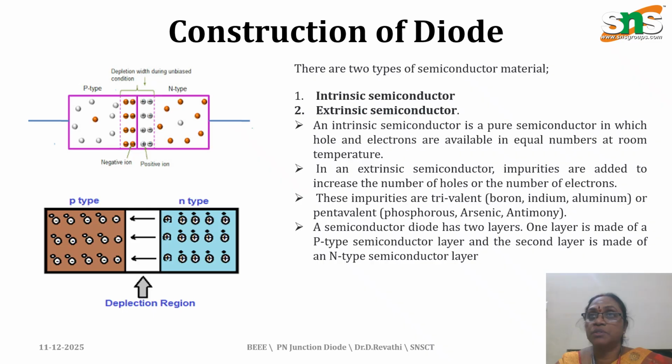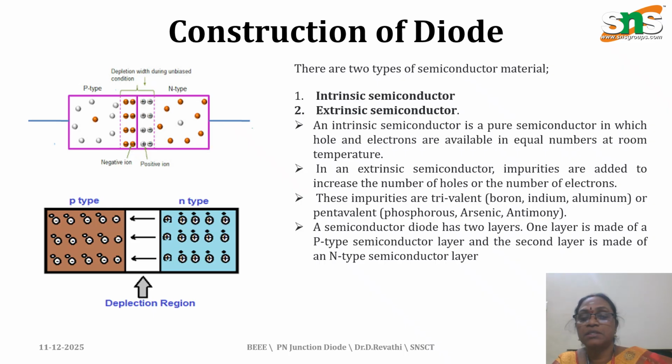If the impurities increase the holes, it is P-type material; if they increase the electrons, it is N-type material. There are two types of impurities: trivalent and pentavalent. Trivalent materials are boron, indium and aluminum; pentavalent are phosphorus, arsenic and antimony.